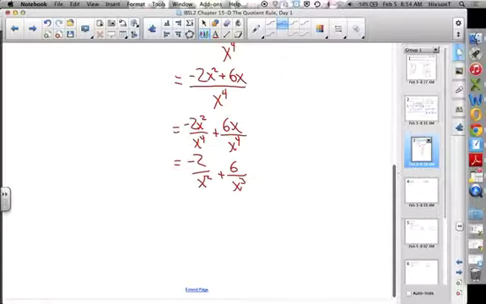I updated the post in Skyward to say that, but I figured I'd point that out too. I don't want to rush this, because we've got our chain rule, product rule, and quotient rule, and all three of those are going to be on the quiz. That's next Tuesday.